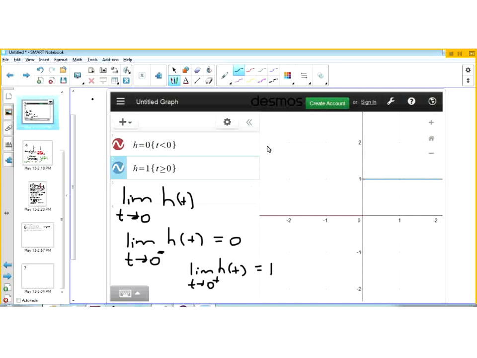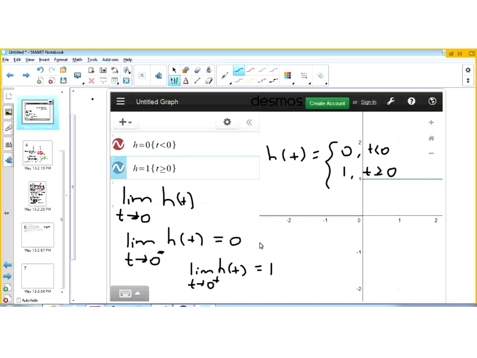Okay, and just for good measure, I'll go ahead and write h of t piecewise. Here's how you would write h of t as a piecewise defined function. It's equal to 0 for t less than 0, and it's equal to 1 for t greater than or equal to 0.